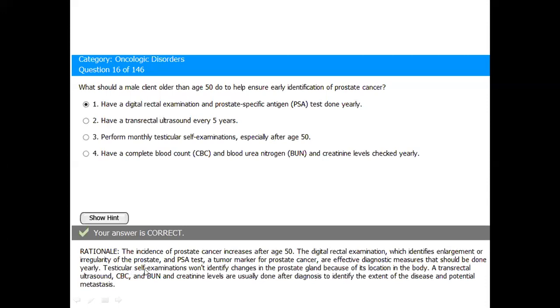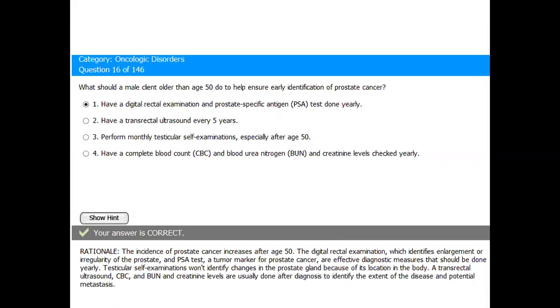The testicular self-examination would not identify changes in the prostate gland because of its location in the body. A transrectal ultrasound, CBC, or BUN or creatinine level are usually done after diagnosis to identify the extent of disease and potential metastasis.